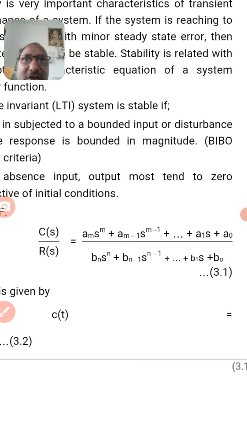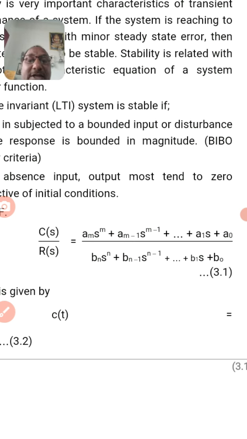So it is a two-dimensional graph, and that is called the S plane. Let us come to the denominator of this transfer function, which is related to b_n s raised to n and so on. This denominator defines the poles of the transfer function.